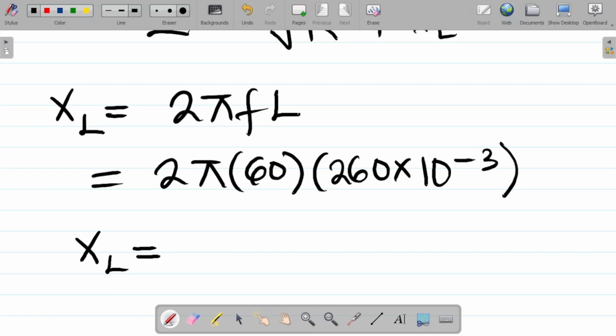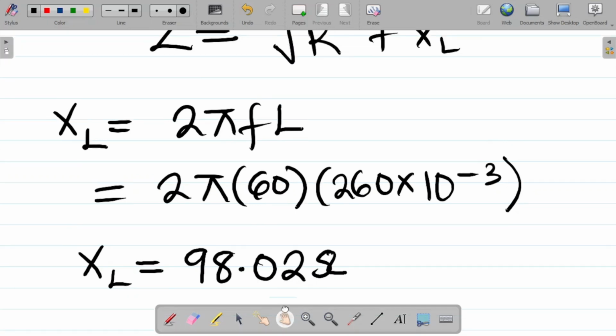If you punch this correctly, your answer, just like mine, should give you about 98.02 ohms. That's your answer.